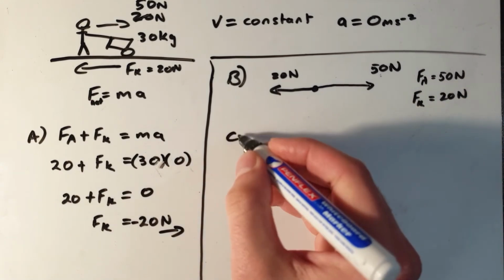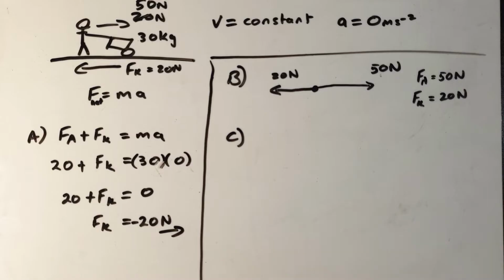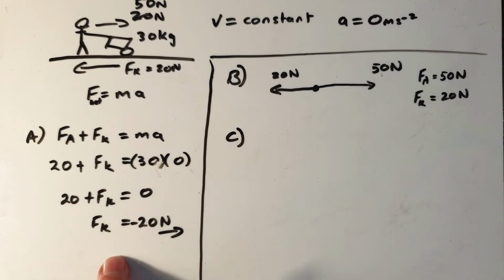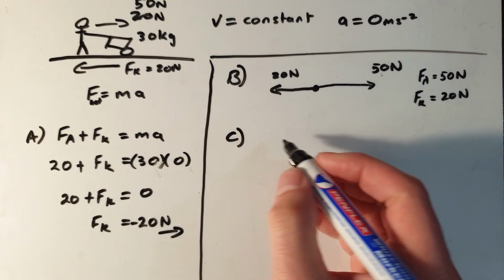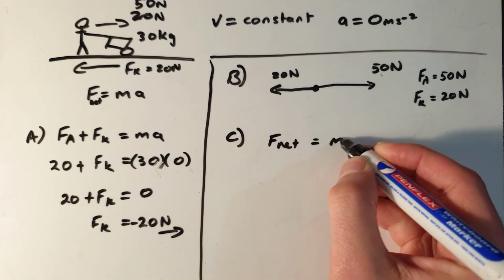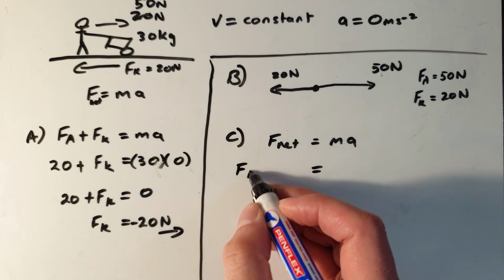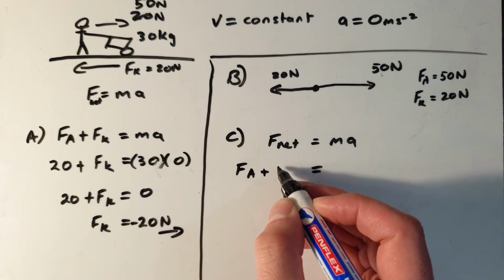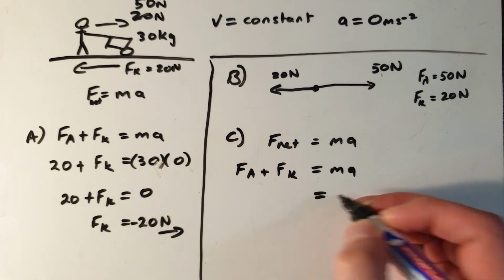Then question C, calculate the wheelbarrow's acceleration. So we're going to do a similar thing to what we did over here, but now we're going to use the new values that we've calculated. So F net is equal to mass times acceleration. Our F net can be broken down into our force applied plus our frictional force is equal to mass times acceleration.